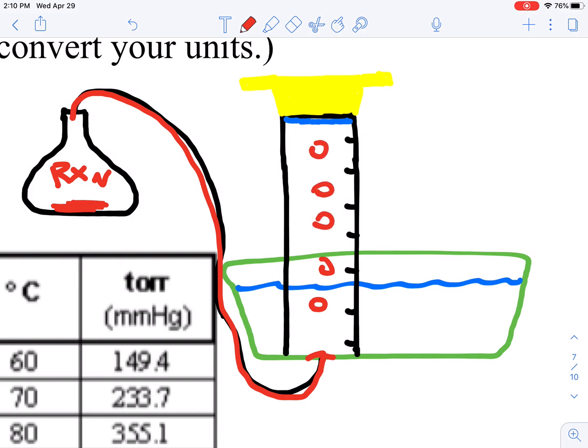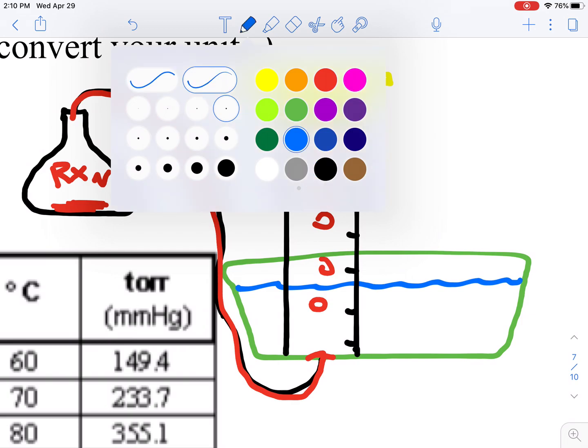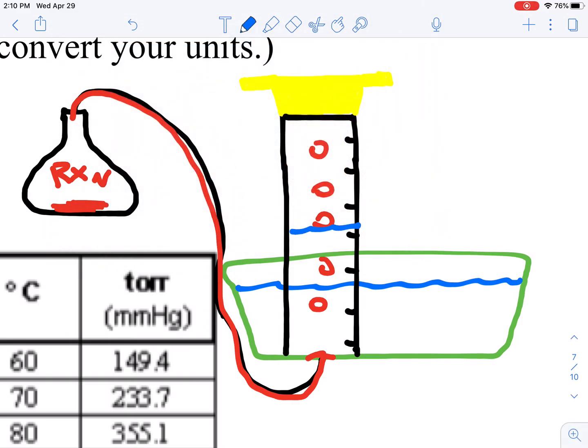And as more and more gases bubble up to the top of that graduated cylinder, all of a sudden the water level is going to decrease, right? Because the water is being forced out of the graduated cylinder by the gases that are coming in. So eventually we might end up with our water level dropping the whole way down here or something like that. And the rest of this space up here is filled with gas that happened from our reaction.